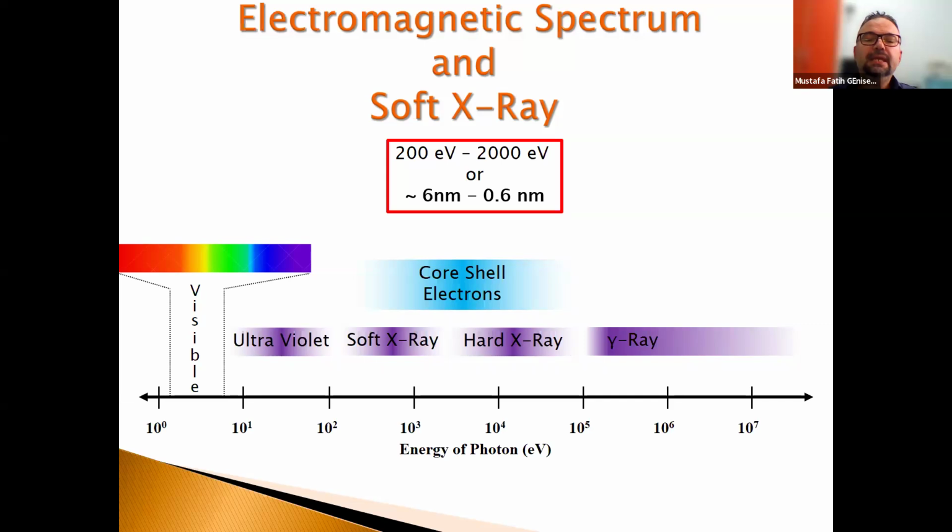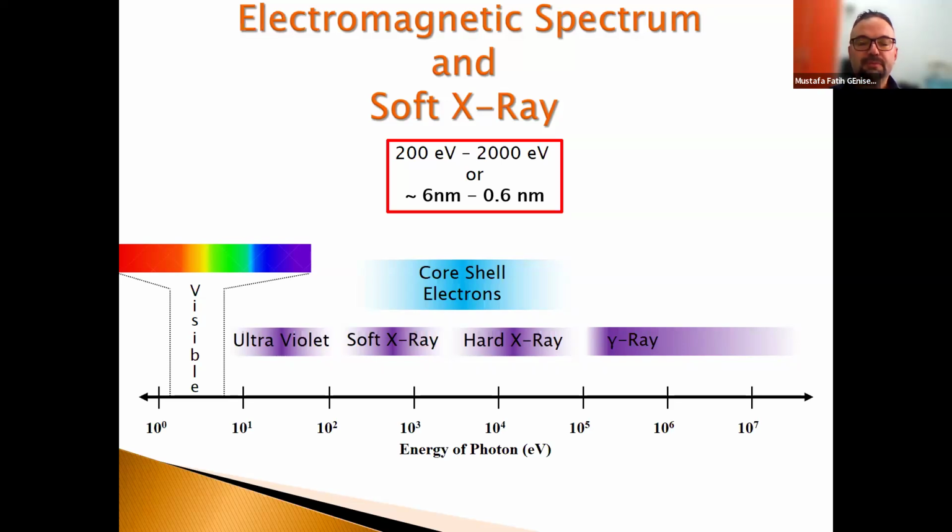So why do we need a division between hard X-ray and soft X-ray? It's mainly because their optical elements are different from each other. Because of that, we have different beamlines, soft X-ray beamlines and hard X-ray beamlines, because their energy and wavelengths are so different that we need different kinds of optical elements.